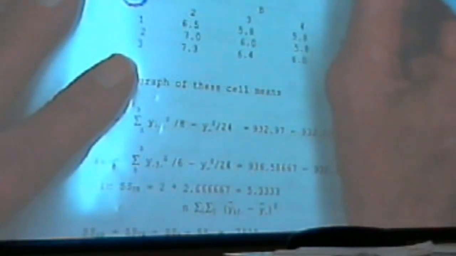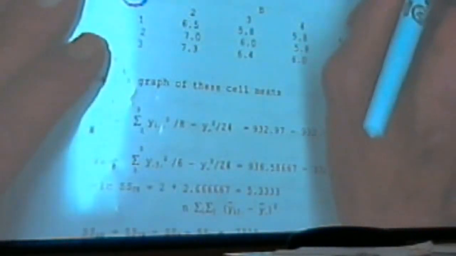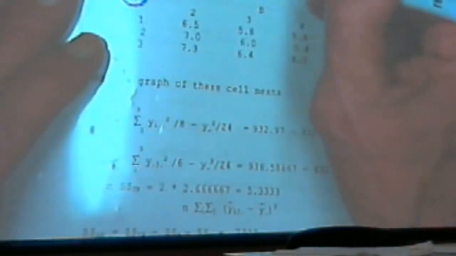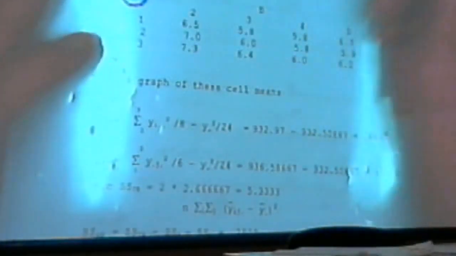So what you see here is 3 rows and 4 columns, and these cells have two observations, two numbers in each cell as we march along. So how is this data collected again? Notice we need times for 24 students. And so when the students are collected, we have to decide which student is going to go where. What is going to be the intensity of the training.